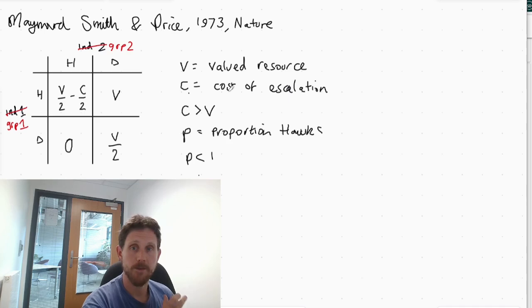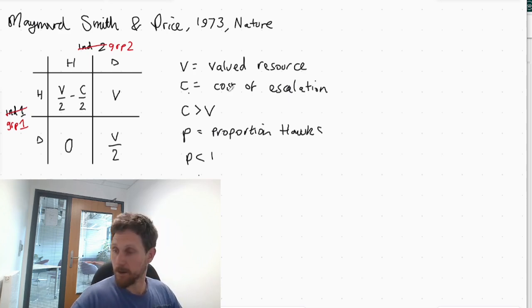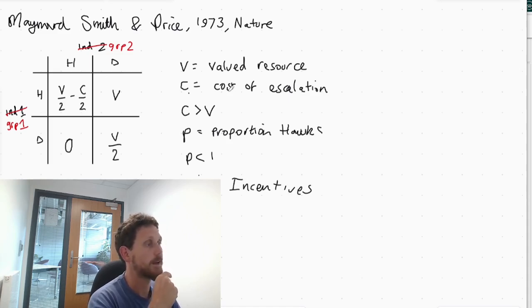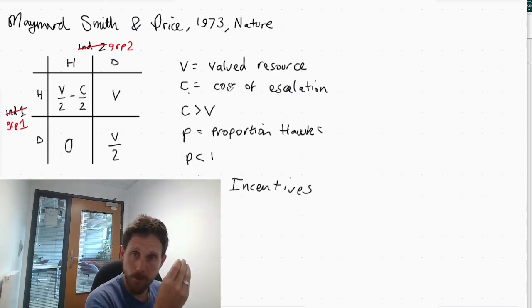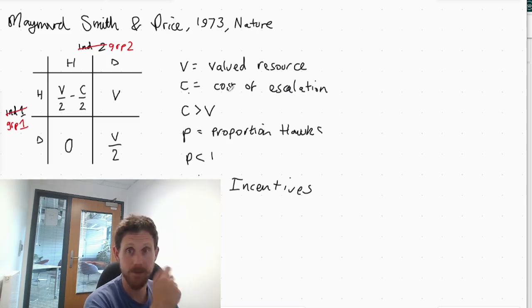But this doesn't really cohere with the intrinsic heterogeneity of animal groups, including humans, which differ, we argue, in two key aspects. That is, there are differences in incentives, so that is which individuals have more to gain or more to pay for these encounters.